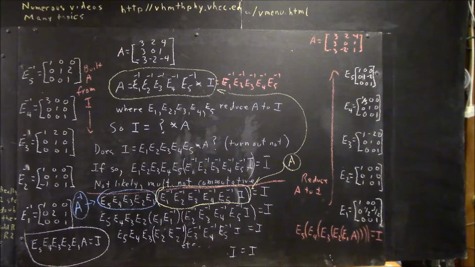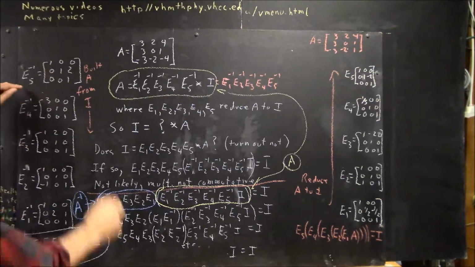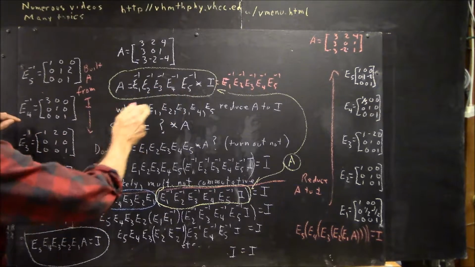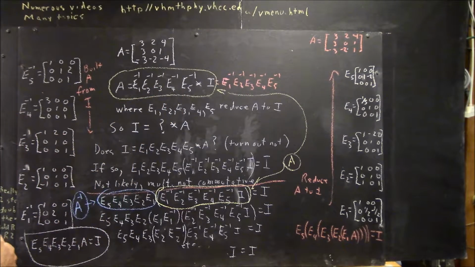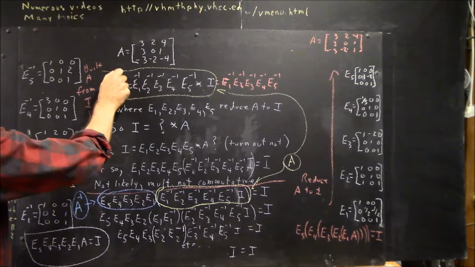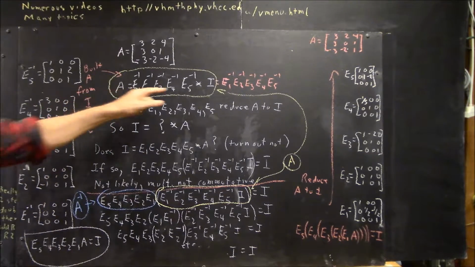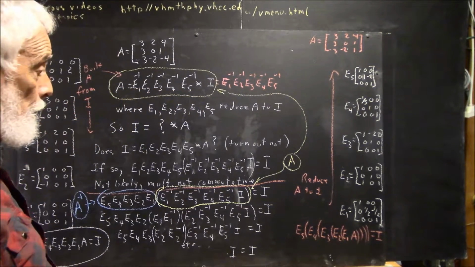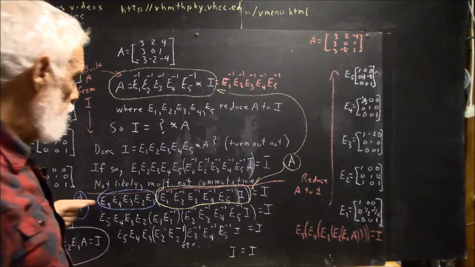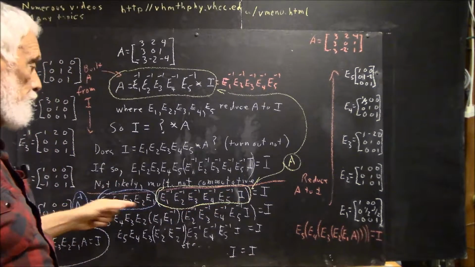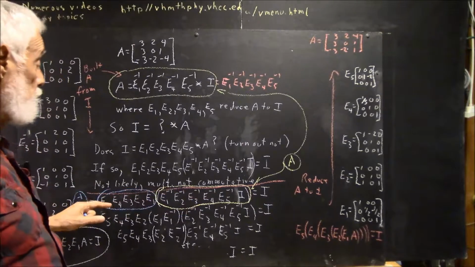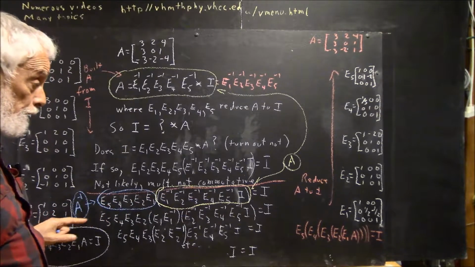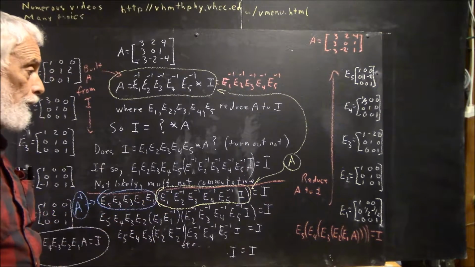And again, what did we do? We started with the identity, we applied this matrix, E5 inverse, then E4 inverse, and so forth. So right there is A built up from the identity. This is A reduced to the identity. This matrix reduces it.